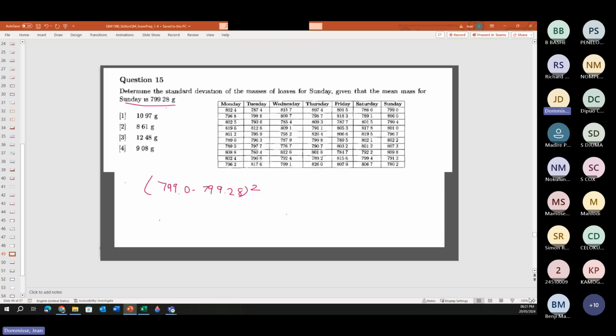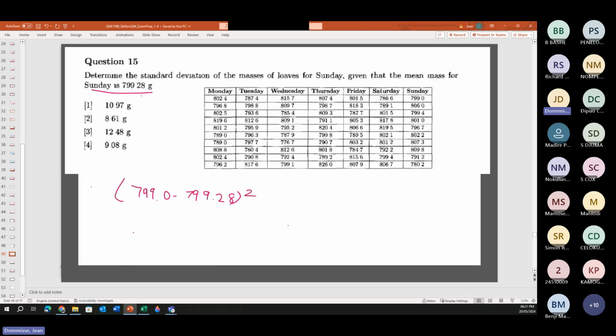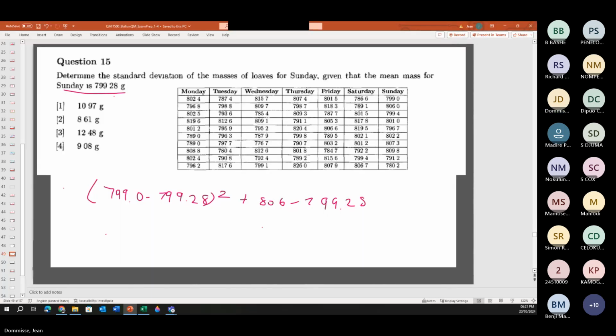Then we take the next one, plus 806 minus 799.28 to the power of 2, and you continue that process till the last one, and then you divide by n minus 1, because this is a sample that we're working with.